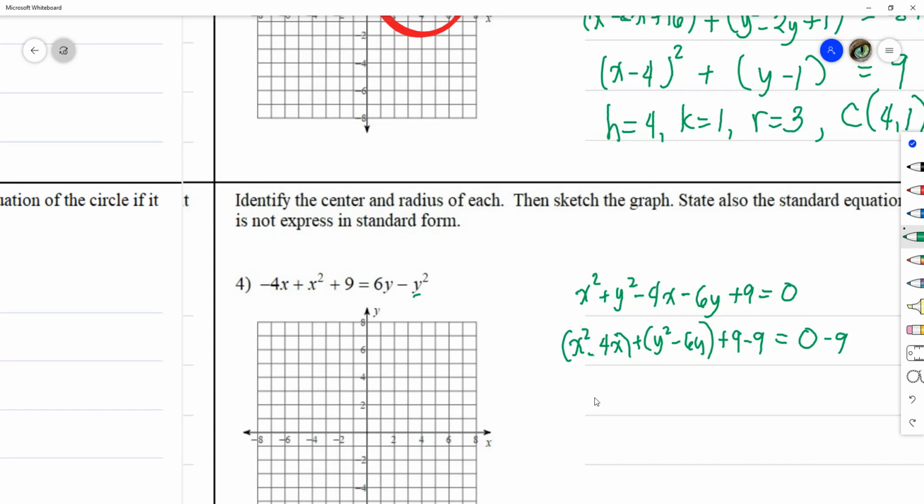Here this must be expressed into a perfect square trinomial by completing the square. So you have x squared minus 4x. 1/2 of negative 4 is negative 2. Negative 2 times negative 2 equals positive 4. Therefore, plus 4. Again, whatever you add on the left side would be added to the right side, plus 4.